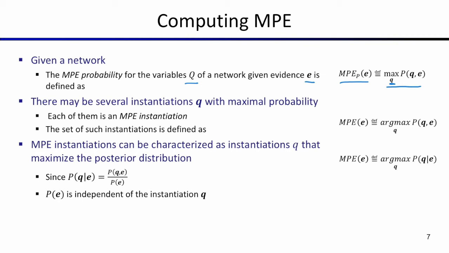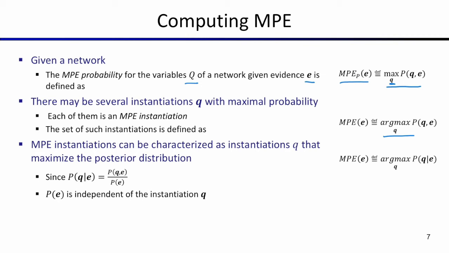The MPE instantiation are the values of the variables in the query. So in this case here, we're going to define the MPE instantiation as the argmax. I'm interested in what are the instantiations for Q that have the maximum probability.